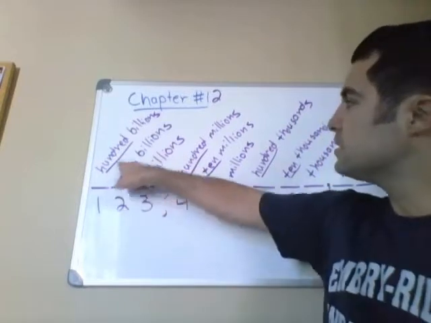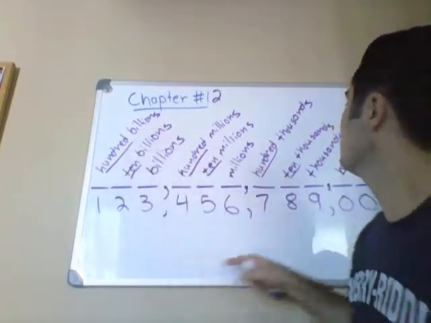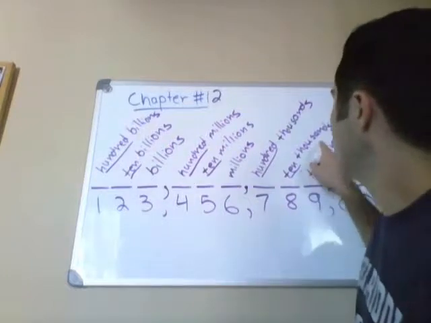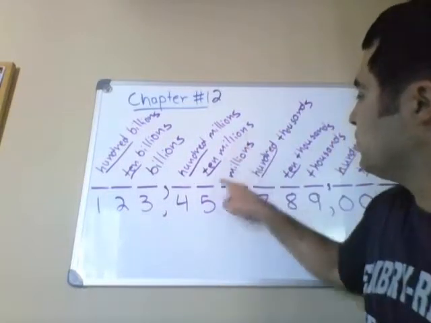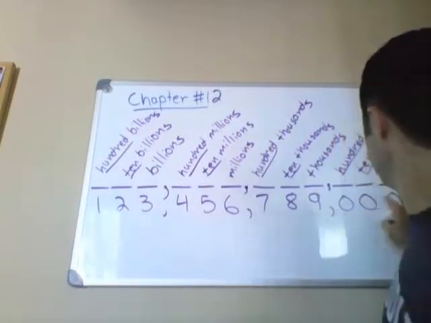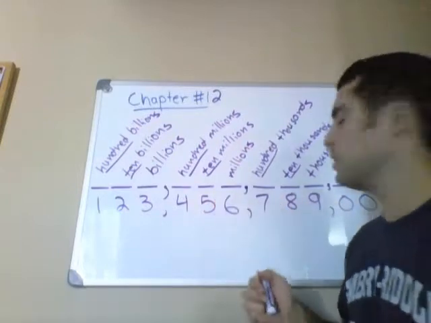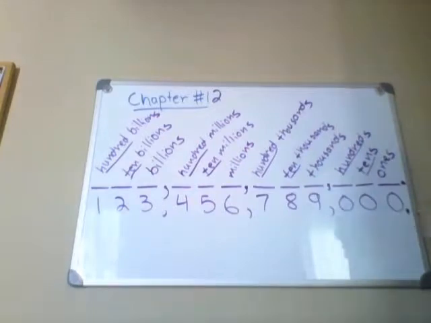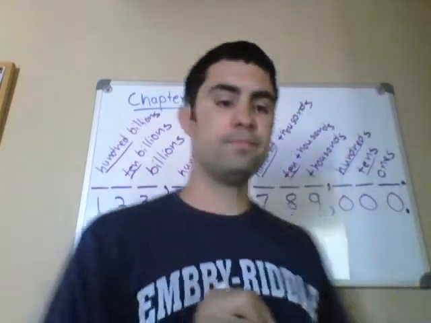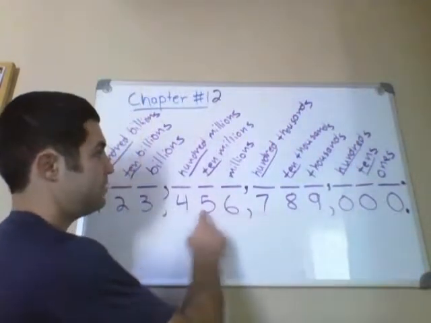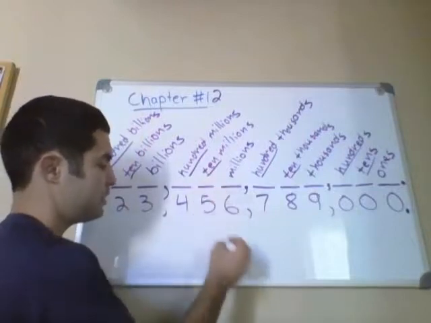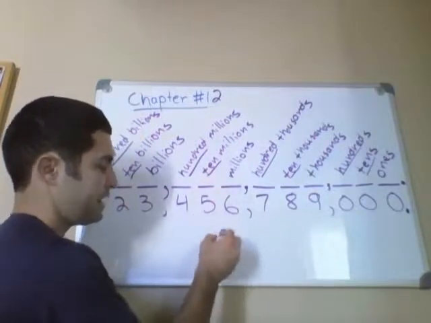So you go here. Is this the 10 million spot? No, that's 100 billions. Is this the 10 million spot? No, that's 10 thousands. This is the 10 million spot. So whatever number is 1, 2, 3, 4, 5, 6, 7, 8 numbers over from the decimal point, that number would be in the 10 million spot. So the answer is 5.